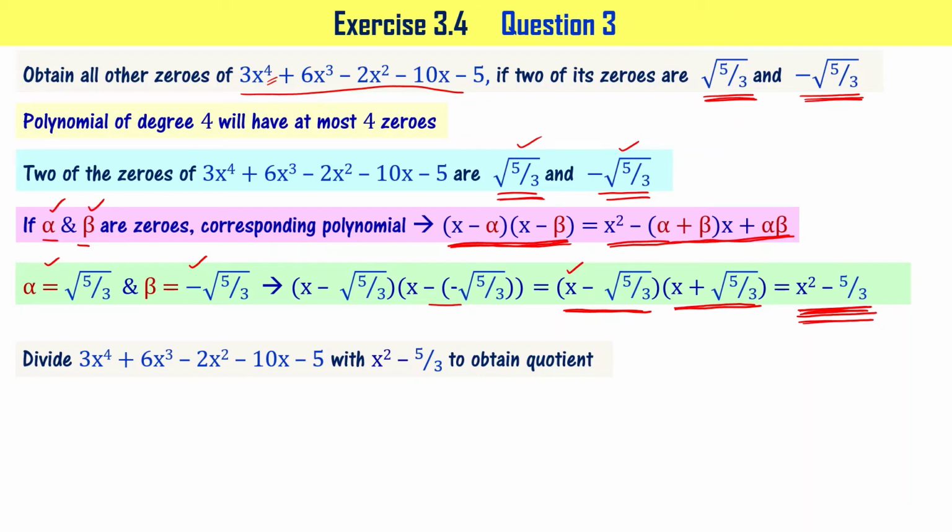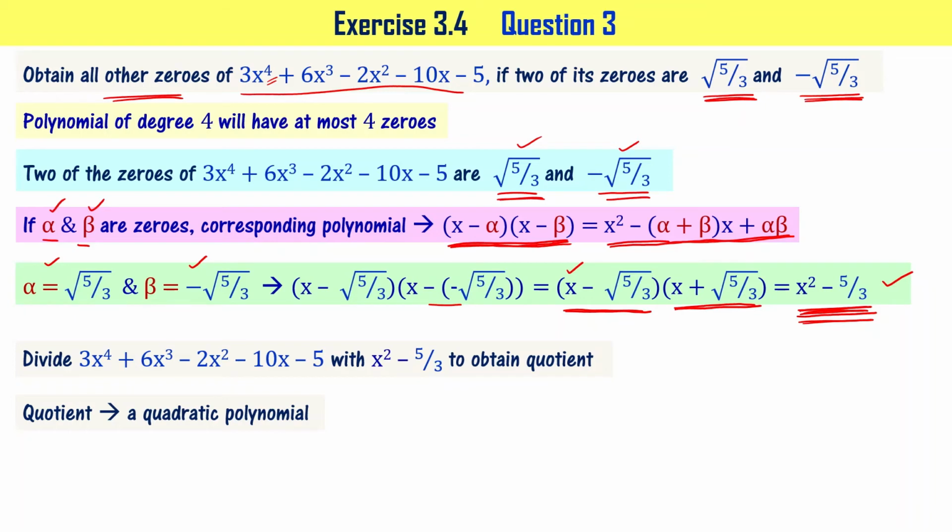If you divide the given polynomial of fourth degree with x square minus 5 by 3, you will end up with a quotient, right? That quotient is going to be a quadratic polynomial, meaning it is going to have at most two zeros, right? So by solving that particular quadratic polynomial, we are going to get the remaining zeros of the given polynomial of fourth degree.